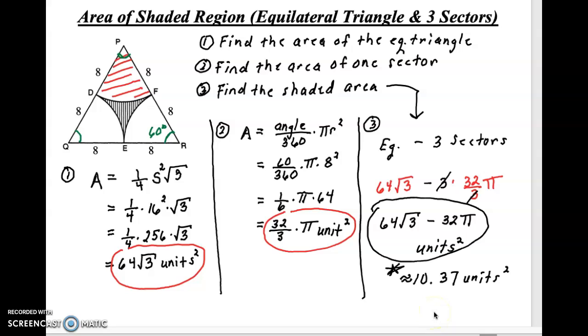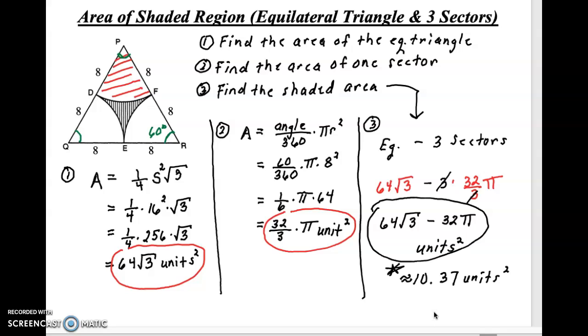Okay? So again, when you're faced with a problem like this, it tends to be complicated, but the good news is that it's just multiple steps, and if you break the complication down into little workable parts, it should be manageable, like finding the area of one triangle, then finding the area of one of those sectors.